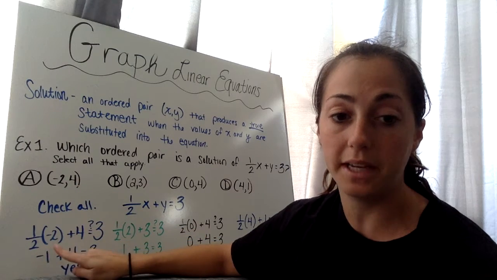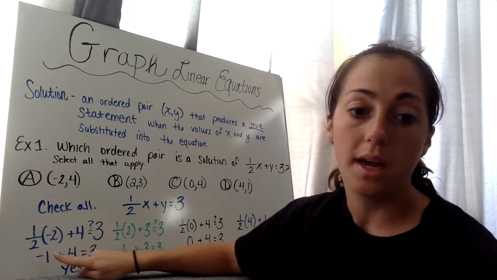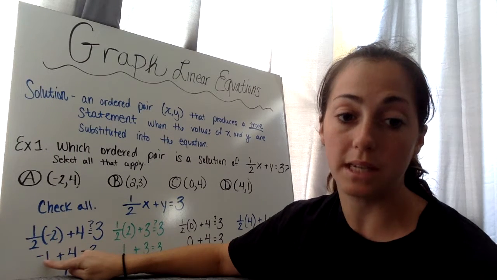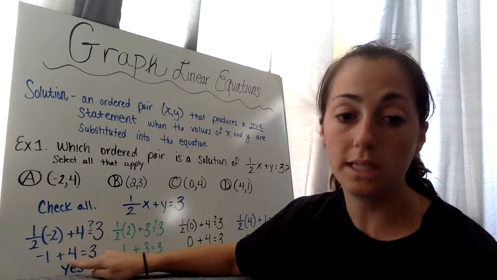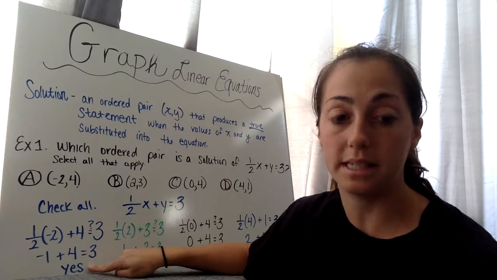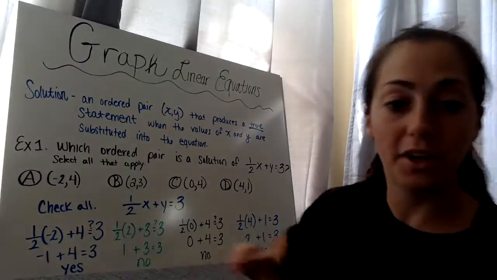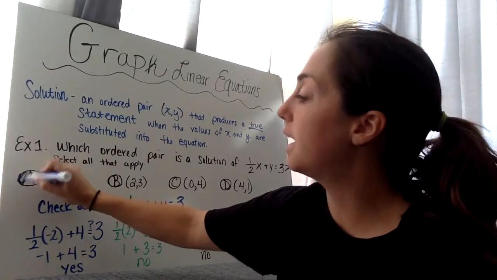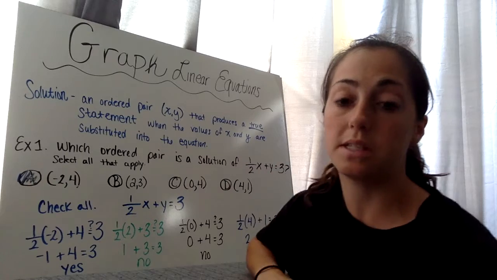So I have half of -2 plus 4 equals 3. Does it? Half of -2 is -1. -1 plus 4 is 3. Is that true? Yes, it is. So that means that A is a solution of this equation.